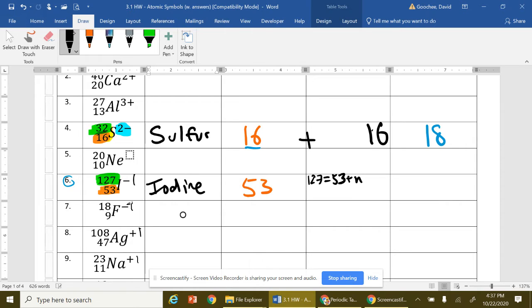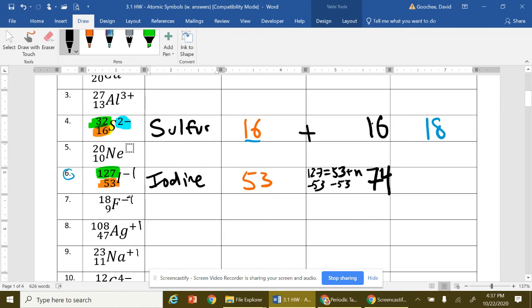So 53 plus what gives us the number of neutrons? I'm going to subtract 53 from both sides. You could be doing this work on a separate sheet if you want, and then just checking your answer. Okay, so my mental math is kind of bad. 127 minus 53. We get that there are 74 neutrons. Okay, great.